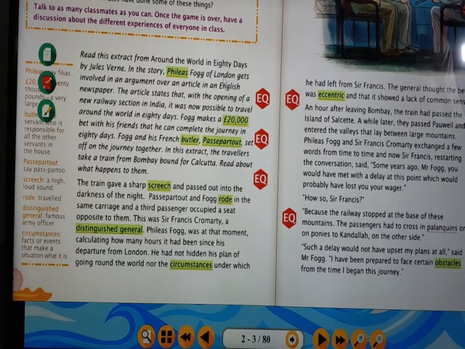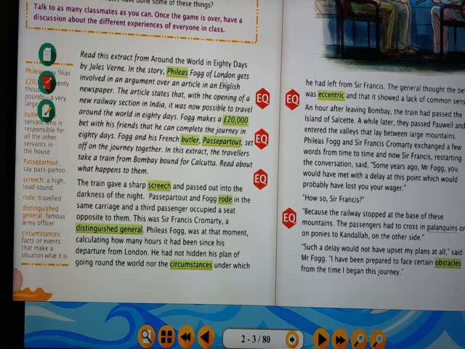They began to talk to each other. And at some point, he told that if Fogg was starting his journey long before, he would have met with a delay at that point.